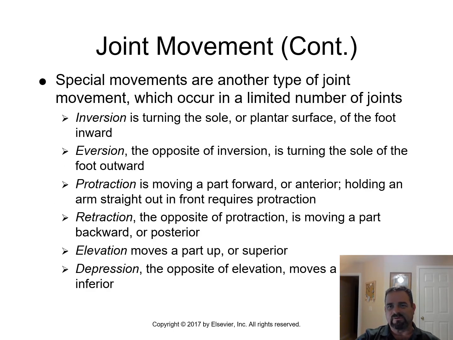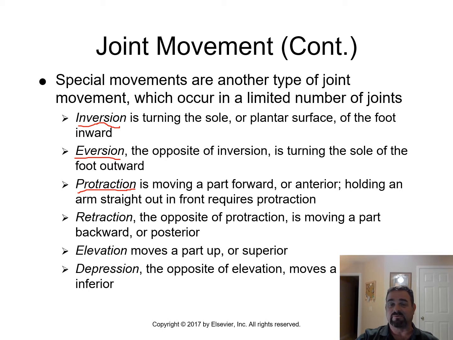Special movements are another type of joint movement which occur in a limited number of joints, to include inversion, which is turning the sole or plantar surface of the foot inward. And then eversion, the opposite of inversion, is turning the sole of the foot outward. You have protraction, which is moving the part forward or anterior, such as holding your arm straight out in front of you.